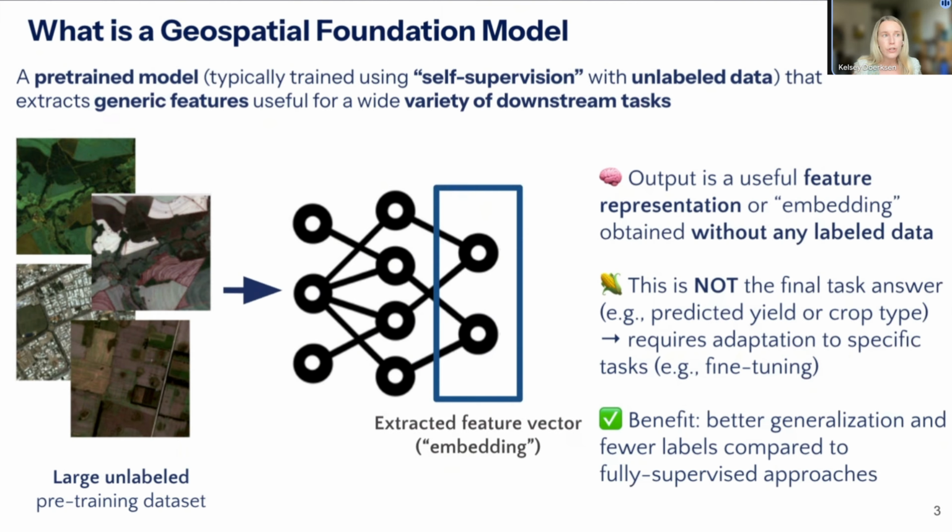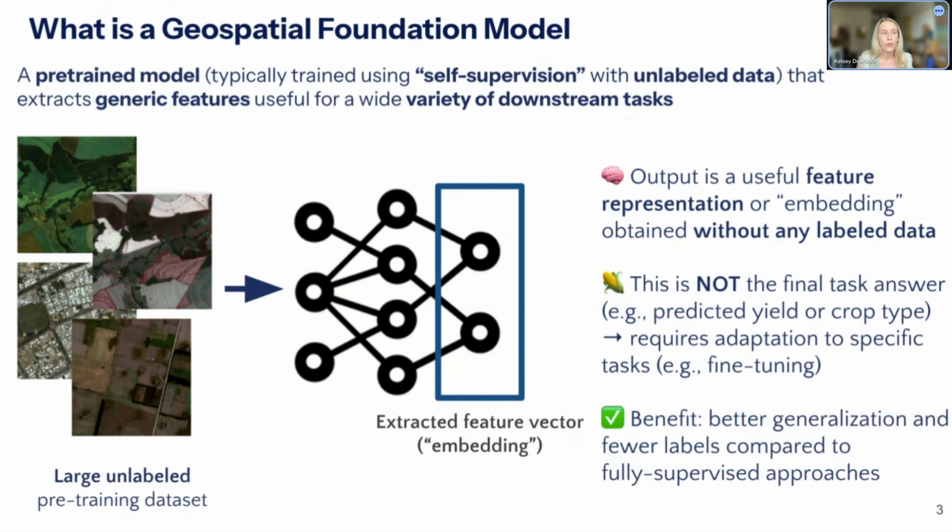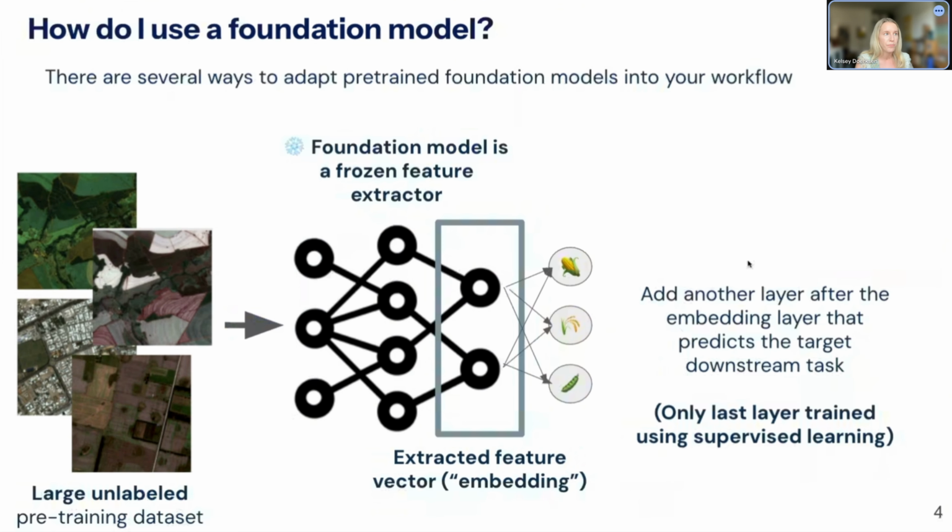The output of these foundation models is a feature representation or an embedding, and not necessarily the final task answer, right? We're not getting predicted yield or crop type, but this requires adaptation to a specific task, like fine tuning. But the purpose of why they're so popular is that they're supposedly better at generalization than traditional models, and you need fewer labels compared to fully supervised approaches, which is really great when you're working in contexts where you have very few labels.